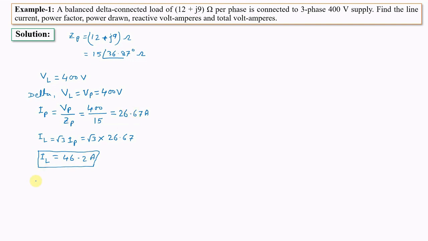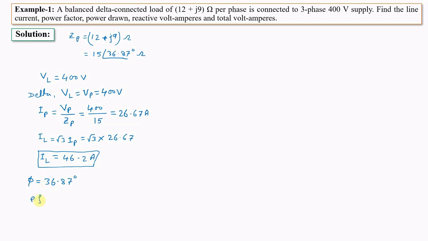Next is the power factor. In the polar format of the impedance, we have seen that the phase angle is 36.87 degree. And remember one thing, this is the phase angle of the load, that is phi is 36.87 degree.